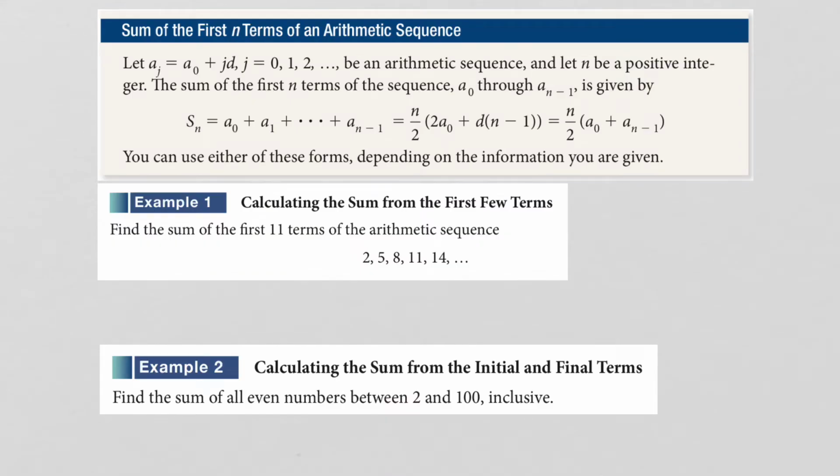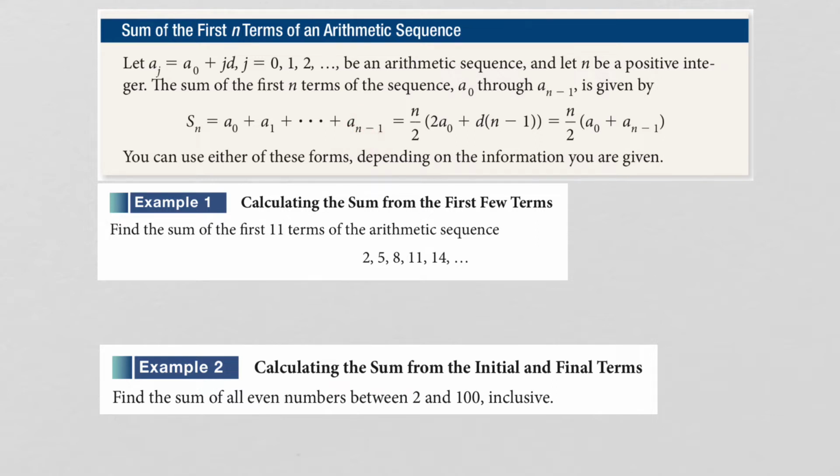So if we want to take the sum of the first n terms of an arithmetic sequence, the formula for doing that is given down here. So the sum of those first n terms is going to be a0 plus a1 plus a2 all the way up to a_{n-1}.